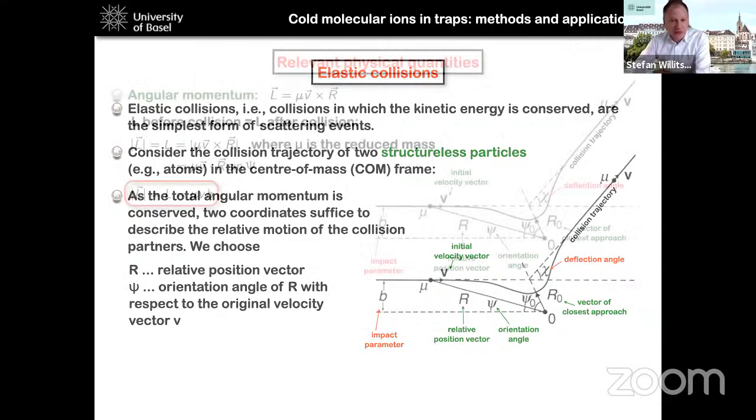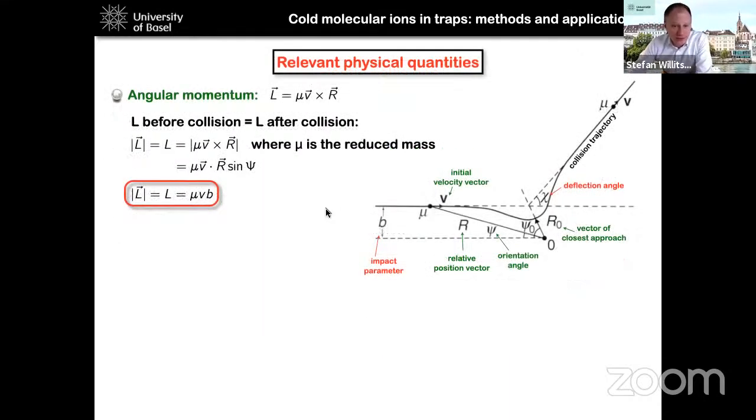Okay, now let's have a look at some salient physical quantities. One of them is, as usual, the angular momentum. In classical mechanics, the angular momentum L, the vector, is defined as mu times v vector product with r. Mu is the reduced mass of the collision, v is the relative velocity vector, and r is the relative position vector.